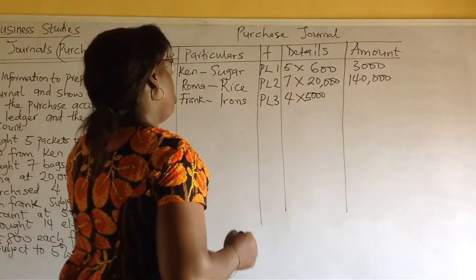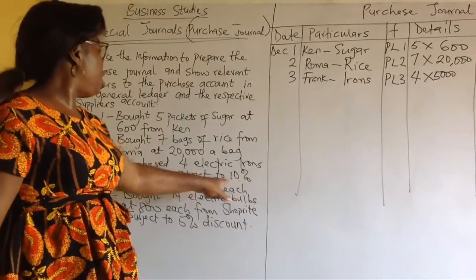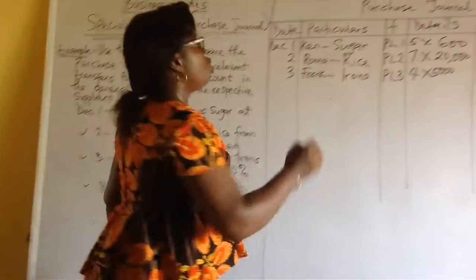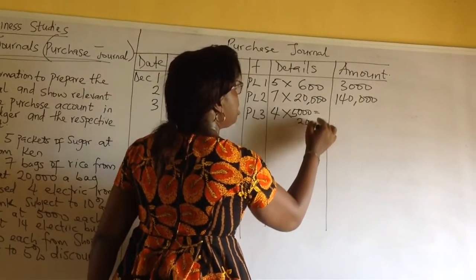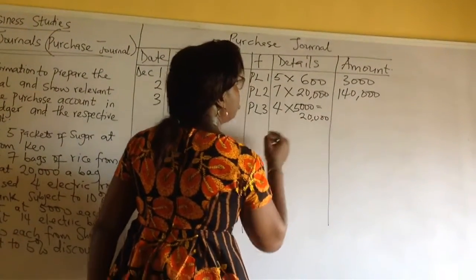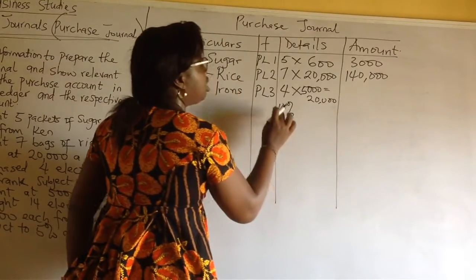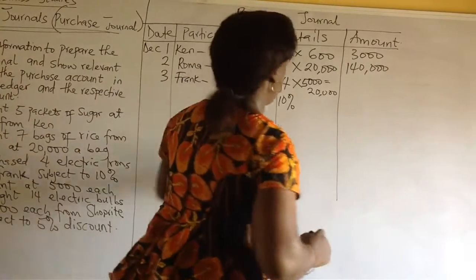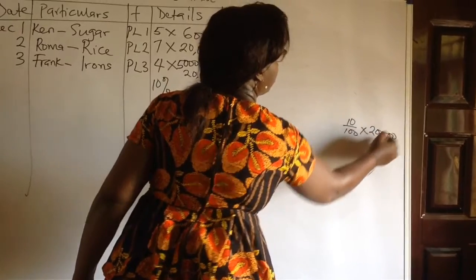Now, this is what you do. They said this transaction is subject to 10% discount. So, first of all, multiply this by this, it will give you 20,000 naira. 10% discount is 10% of 20,000, and that is 10 over 100 times 20,000.